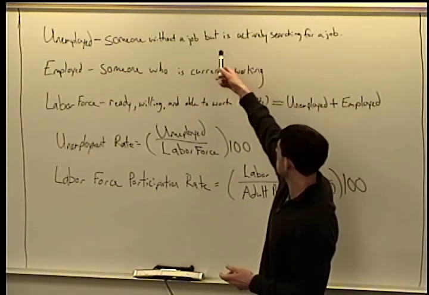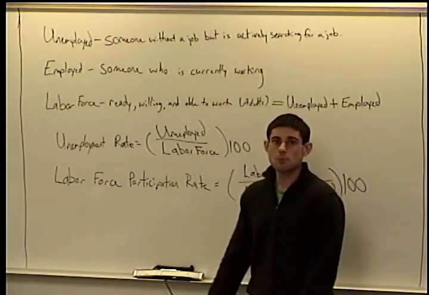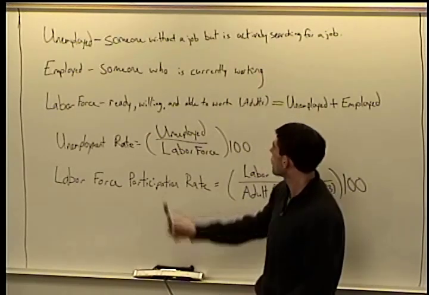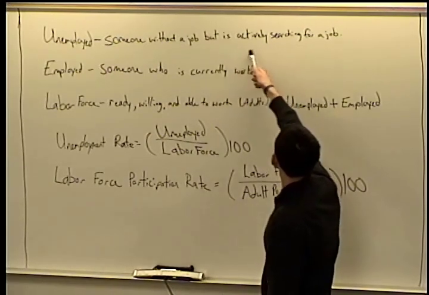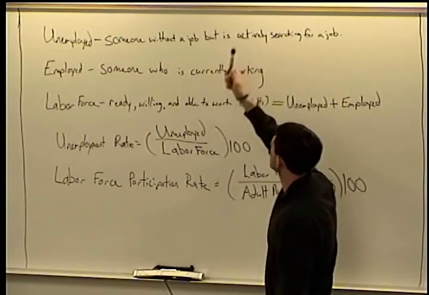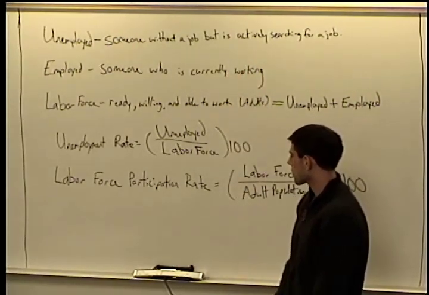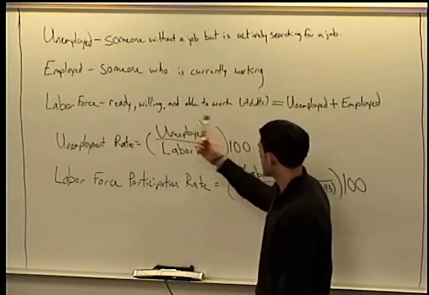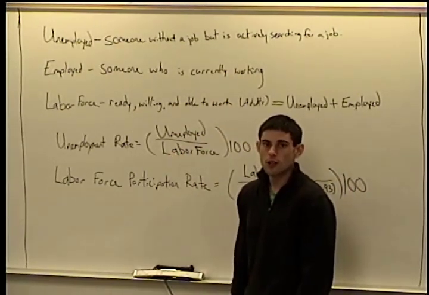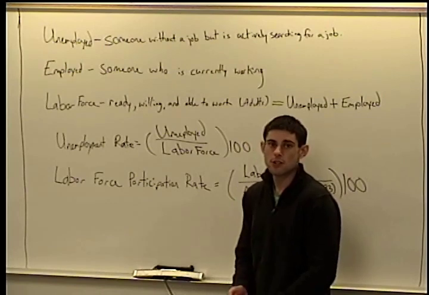At that point, you may become what we call discouraged and simply stop looking for a job. When that happens, you stop actively searching for a job and drop out of the unemployment count as considered unemployed, and you also drop out of the labor force. So that means that the unemployment rate would actually go down as people become discouraged.